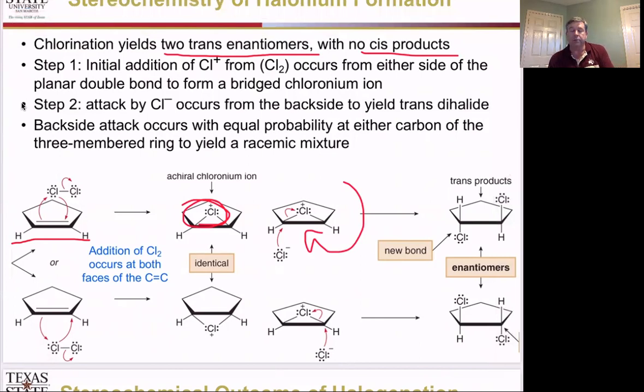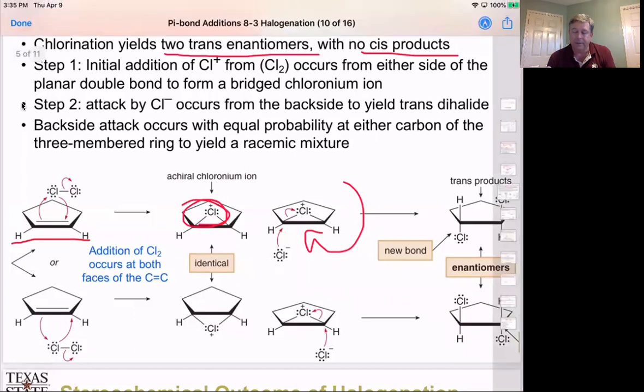Notice it's a trans product by the fact that the second one had to come in from the bottom here. Okay, so what if, okay, fine, let's say that could happen, but let's say the halide comes from the bottom first, okay? So if we look at it from the bottom here, these are actually identical. We can flip those around and make them happen.